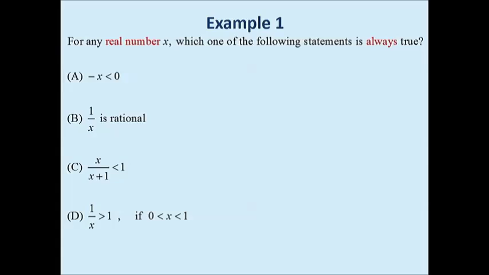So one can argue that in order to be competent, even with mathematics, one first needs to develop some kind of competence with regards to academic literacy as well as quantitative literacy. For example, the word always suggests that for every single value x, the statement has to be true. So there are no exceptions, okay?